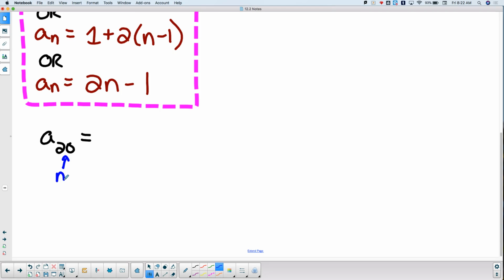So I can take 20 and replace it or substitute it in for n in any one of my rules. Okay? So then this would be 2 times 20 minus 1. 2 times 20 is 40, minus 1 is 39.